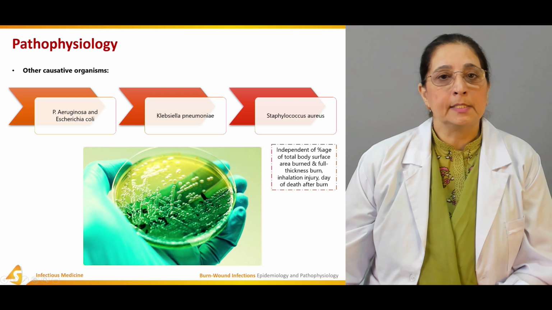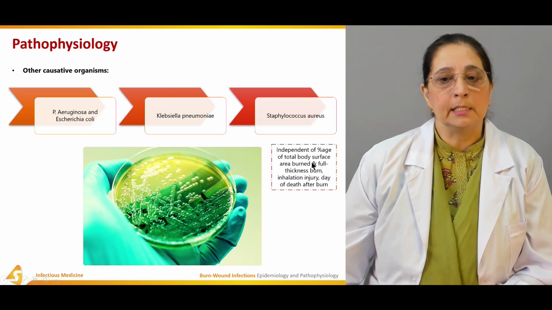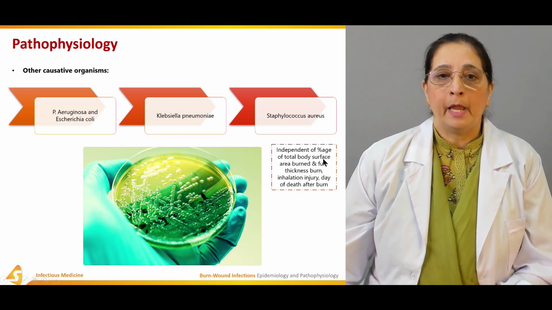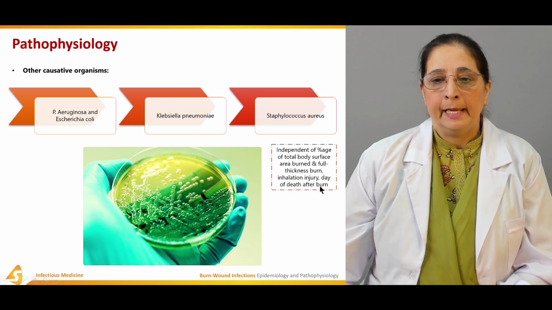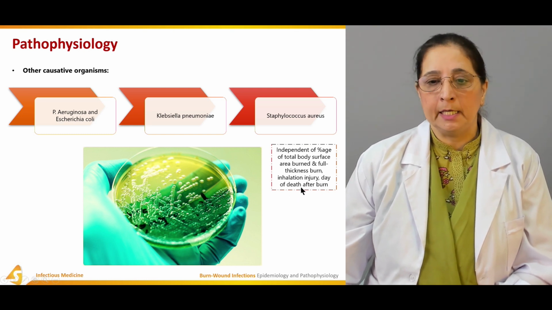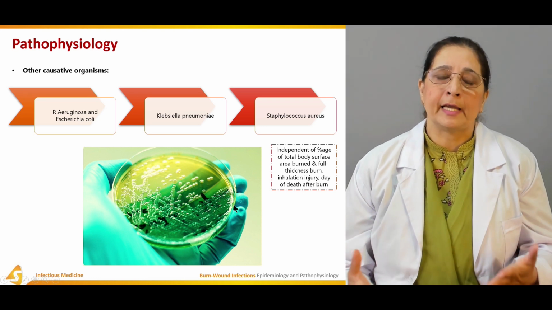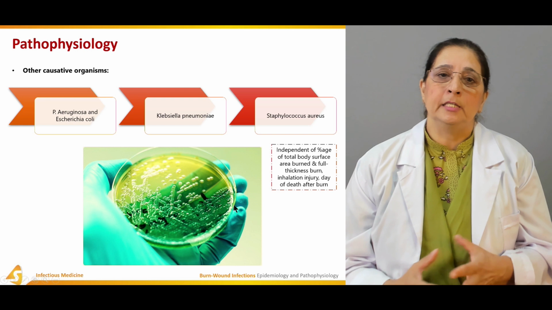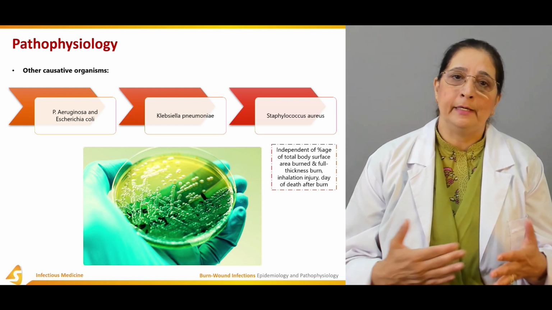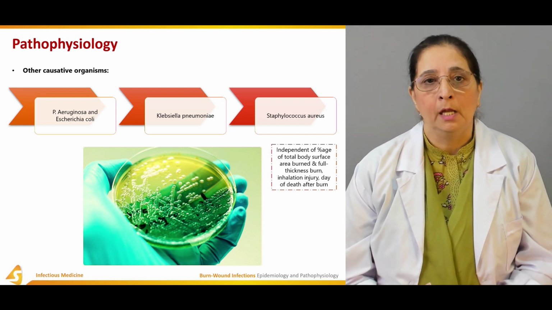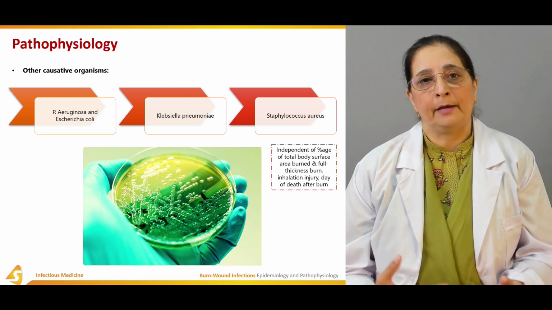Independent of the percentage of total body surface area burn and full thickness burn, inhalation injury, day of death after burn. So they are free of all these factors, how much area is involved, whether it is full thickness or partial thickness burn, or what's the day of death after the injury.